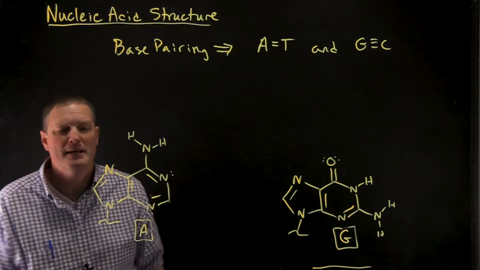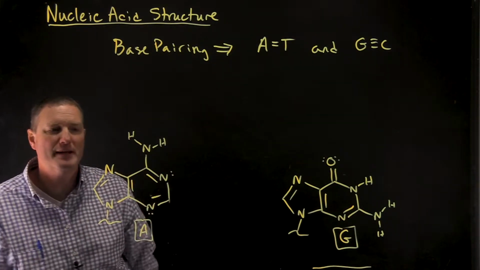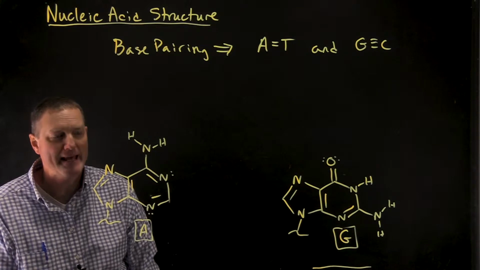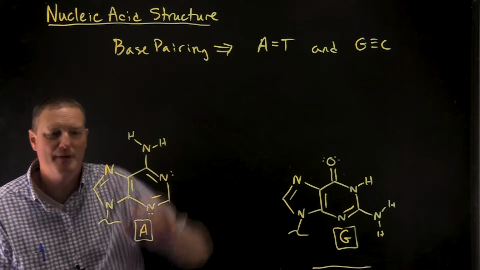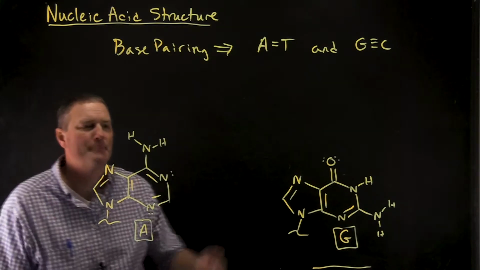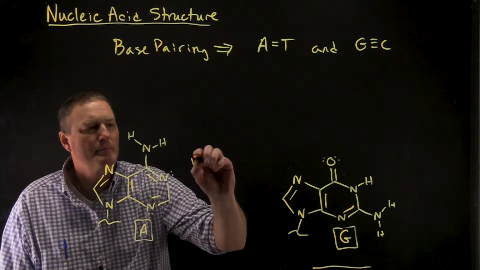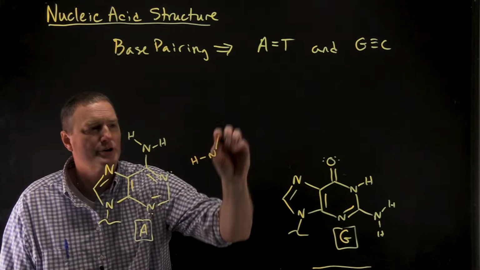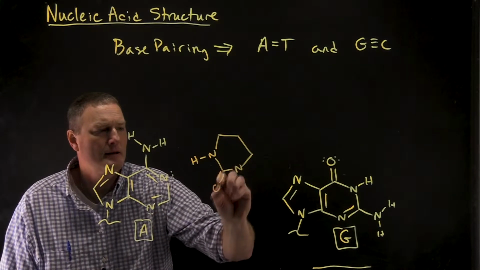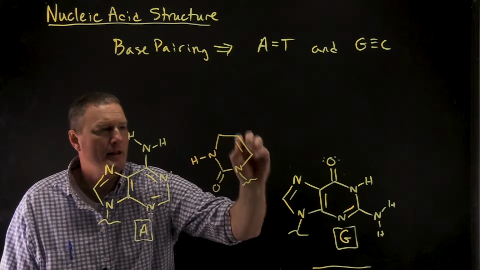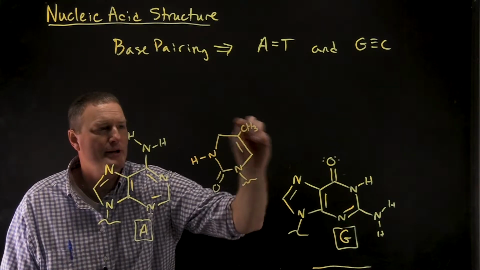So here I've drawn the purine structure of the base A, and I want to draw out how it hydrogen bonds to T. So in drawing the structure, you have to rotate the pyrimidine about 30 degrees.